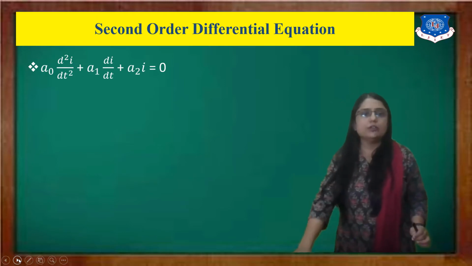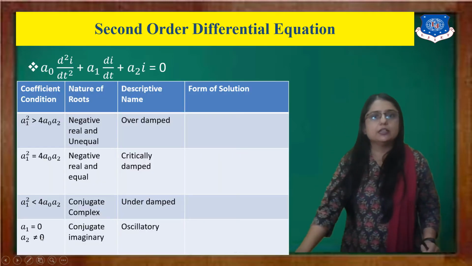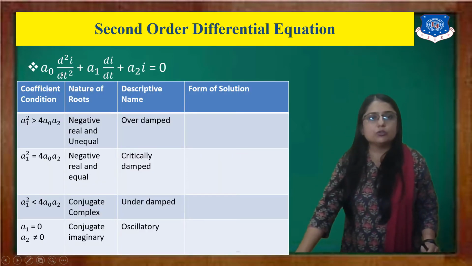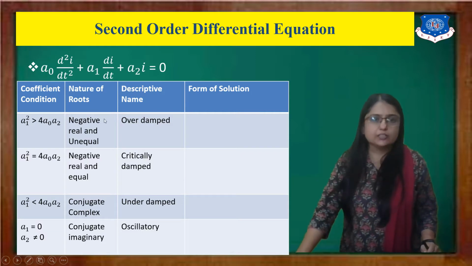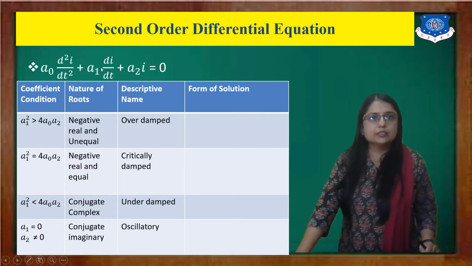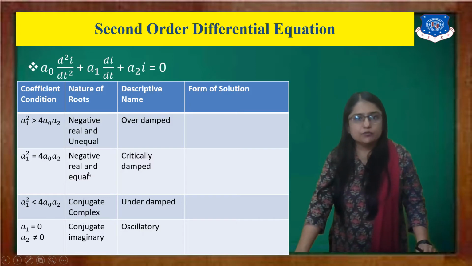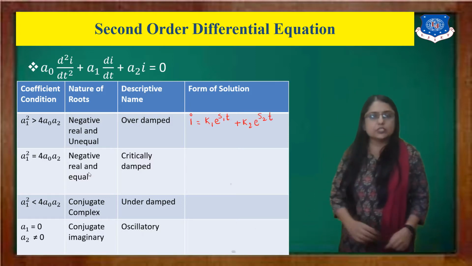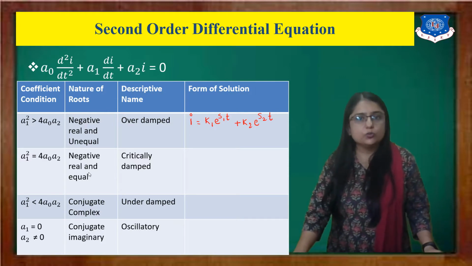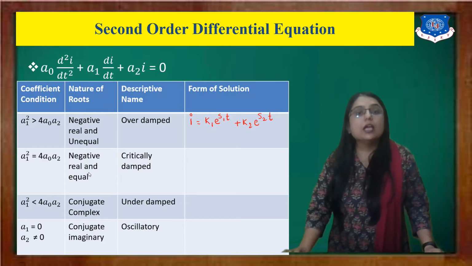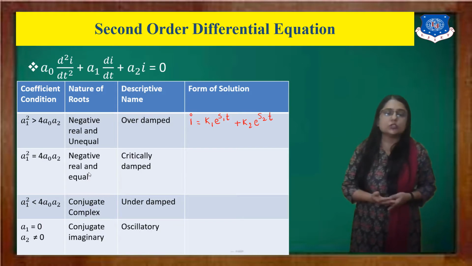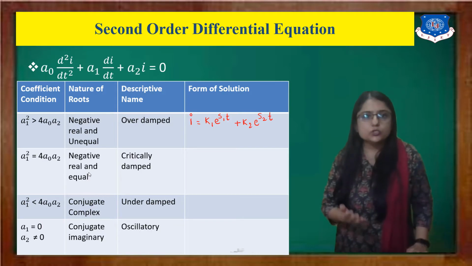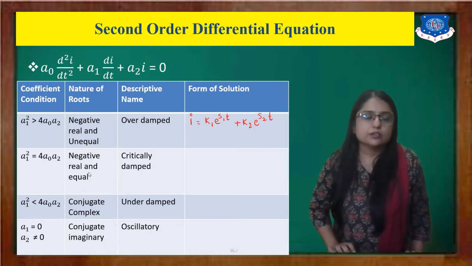The solution depends on the coefficients. If A1 square is greater than 4A0A2, then my solution is i equal to K1 e raised to S1t plus K2 e raised to S2t, where S1 and S2 are the roots of the differential equation.